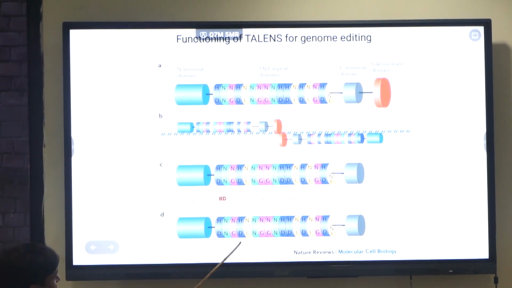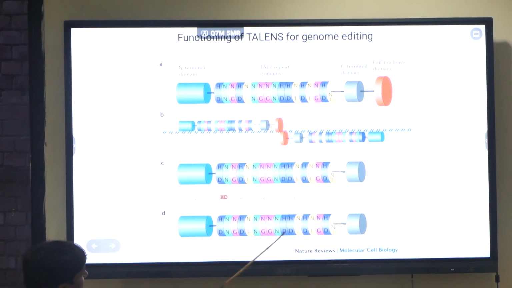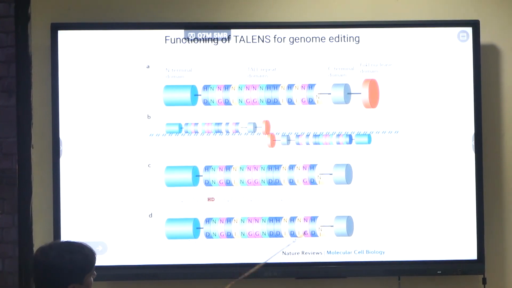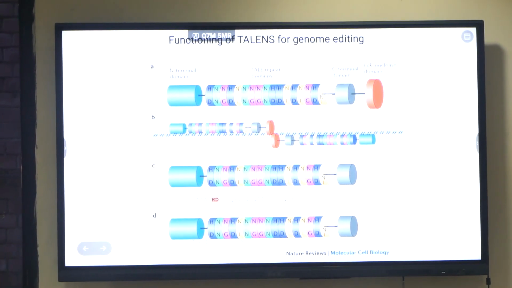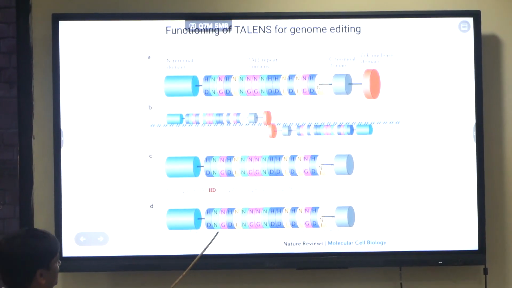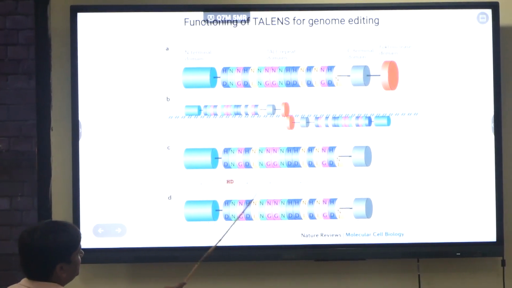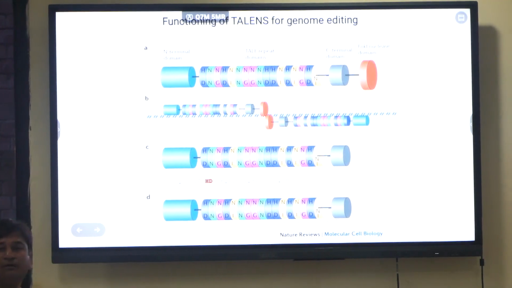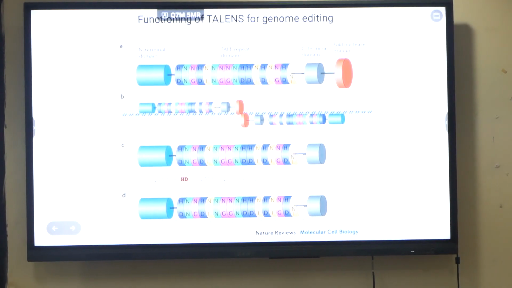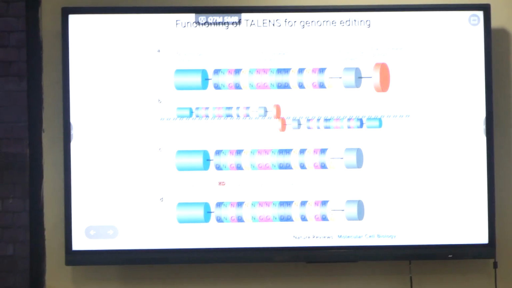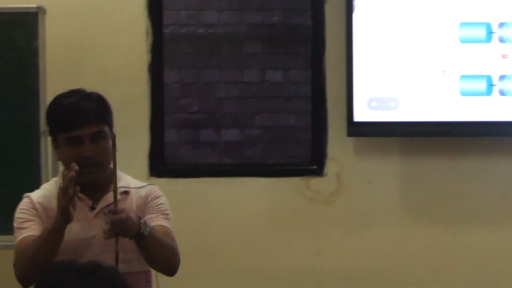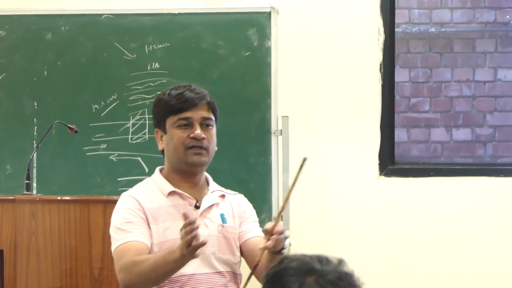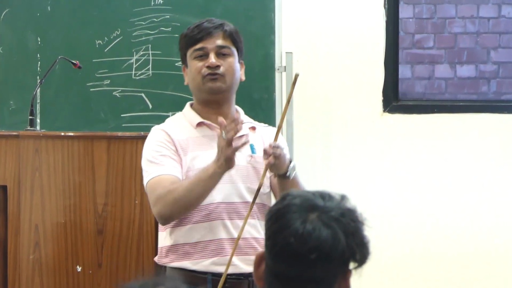So wherever you see C, you have HD. C, HD, C, HD, C, HD, C, HD. Similarly, if I want to recognize G, I would have NN, G, NN, G, NN. Similarly for A, NI. So you'll make your repeat region in such a way that it will provide specificity to your tail.